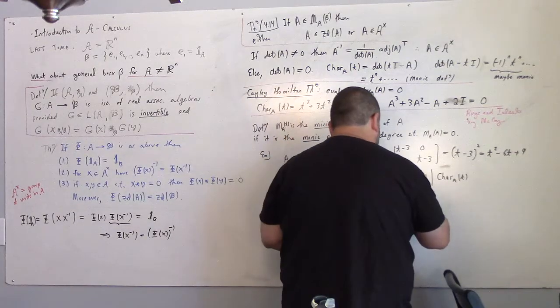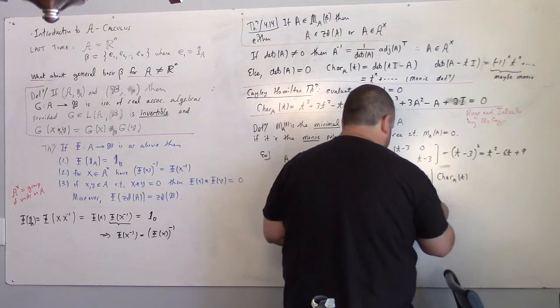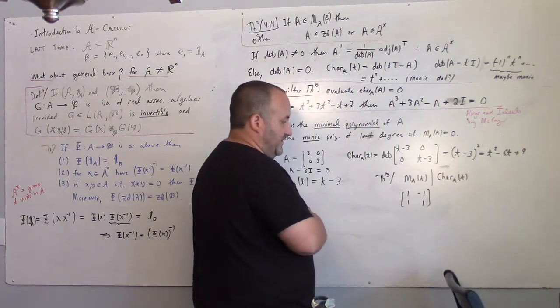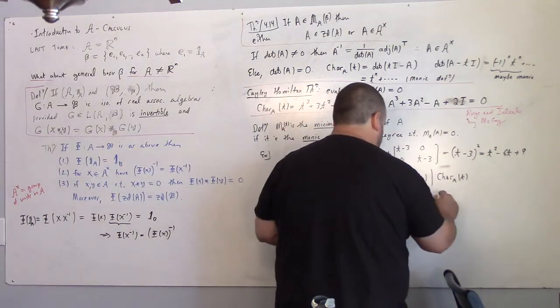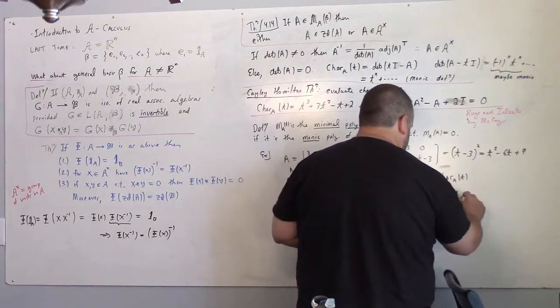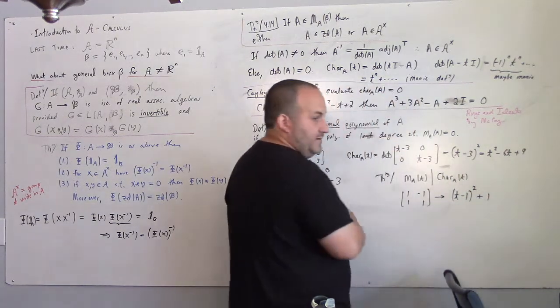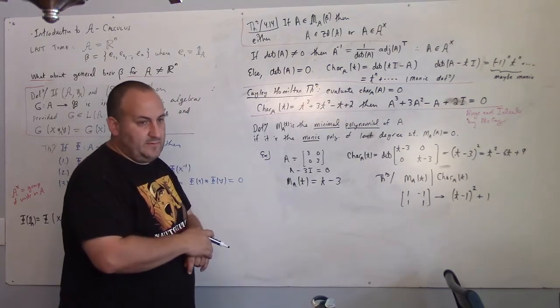Like if we're working over the reals, this one here has characteristic polynomial (t minus 1) squared plus 1, right? You can't factor that as a real polynomial.